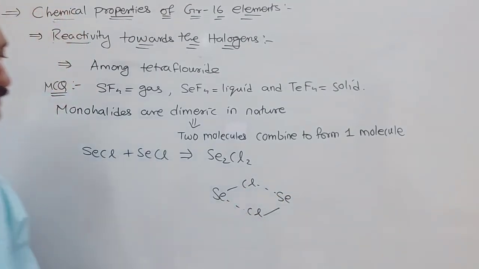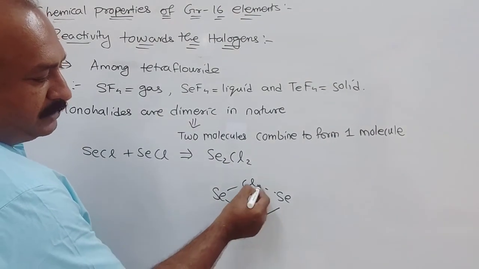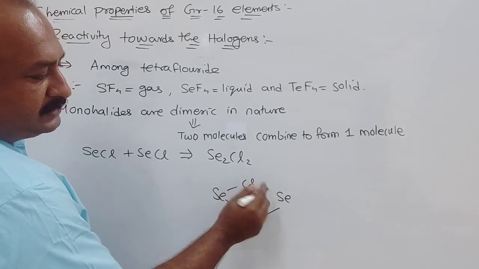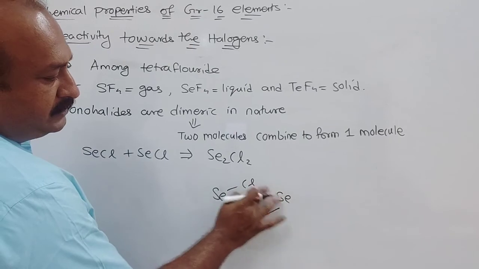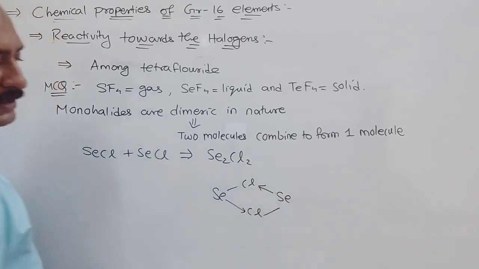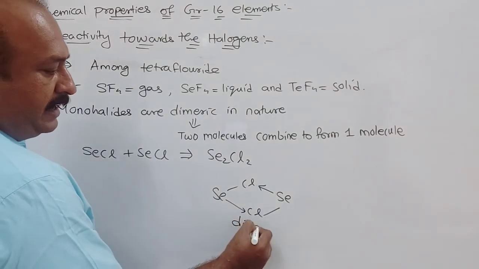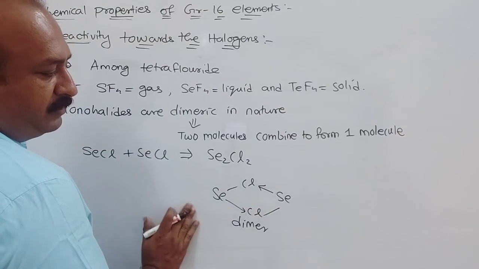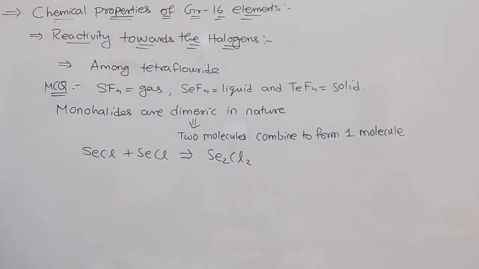So they combine like this and form what we call a dimer. You can write it down like this. Dimer means two molecules combine to form one molecule.